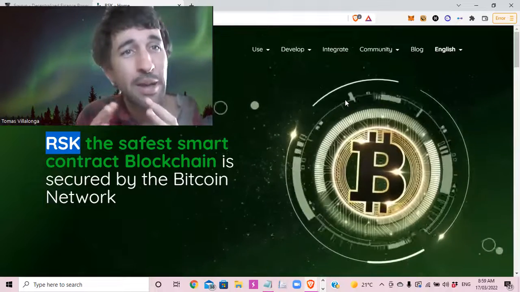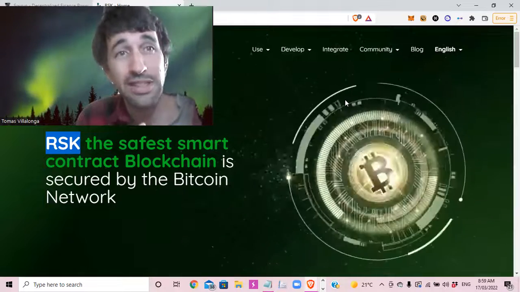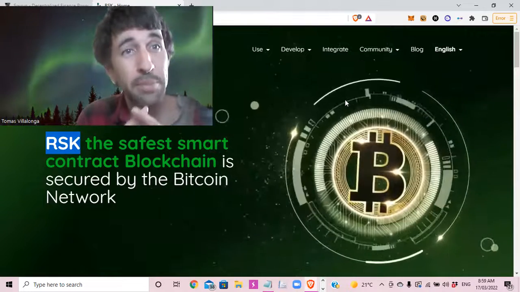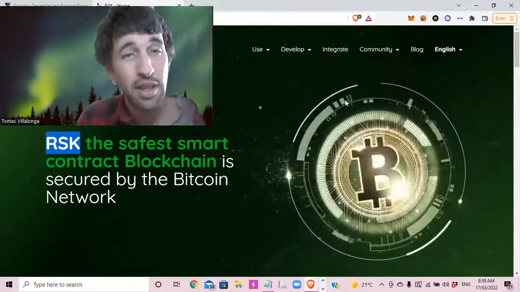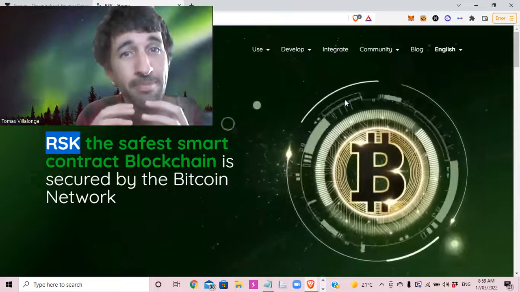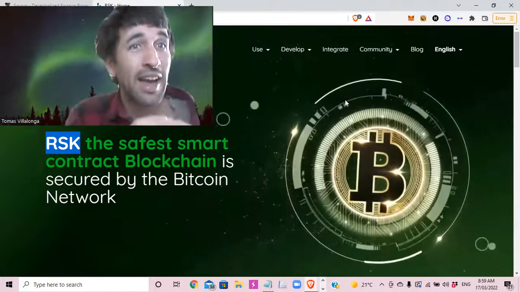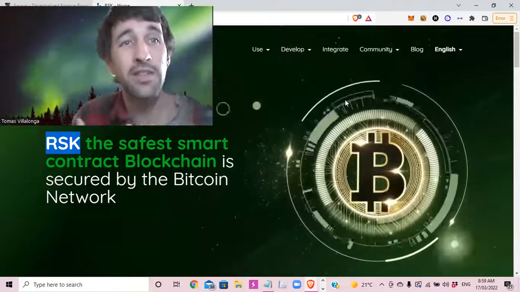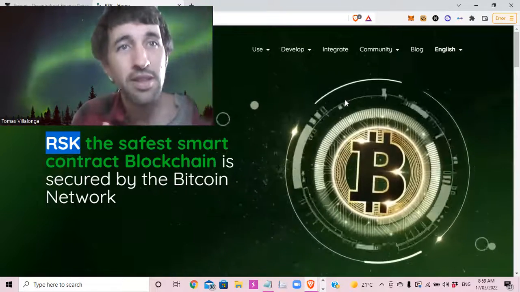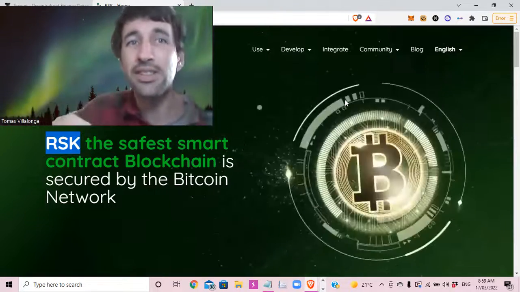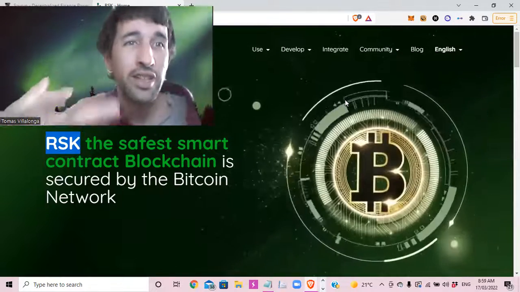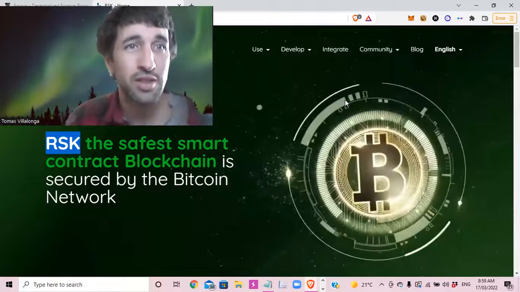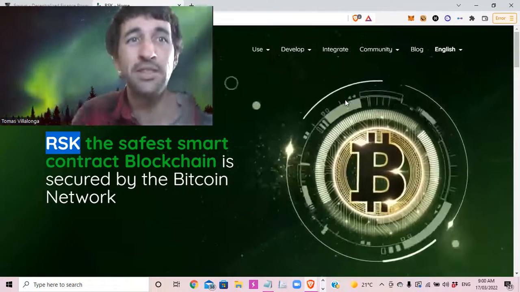So this has a number of implications. Number one is that by using the RSK blockchain, you are supporting the Bitcoin miners. And Bitcoin being the best asset that we have as a society, providing more funds to the Bitcoin miners means that Bitcoin miners can spend more energy. And when they do that, they make the chain more resistant, harder to attack, more expensive to attack.